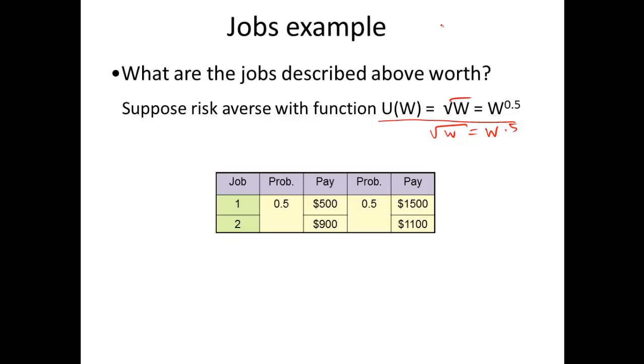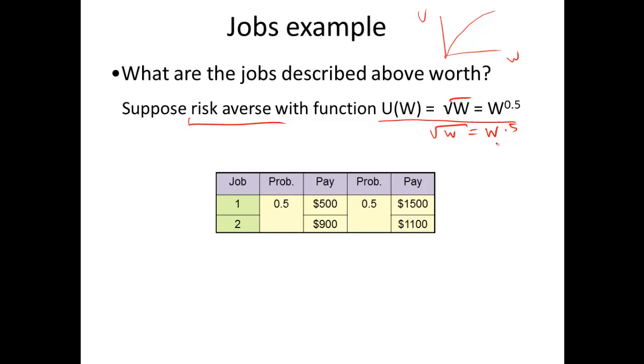Now, that is a function that looks like this. It's upward sloping, but it curves over. Since that person is not going to like risk, we call that a risk-averse function. So this is an individual who is risk-averse with, in particular, the function u of w equals square root of w, or w to the 0.5. Those are just two different ways of saying the same thing.